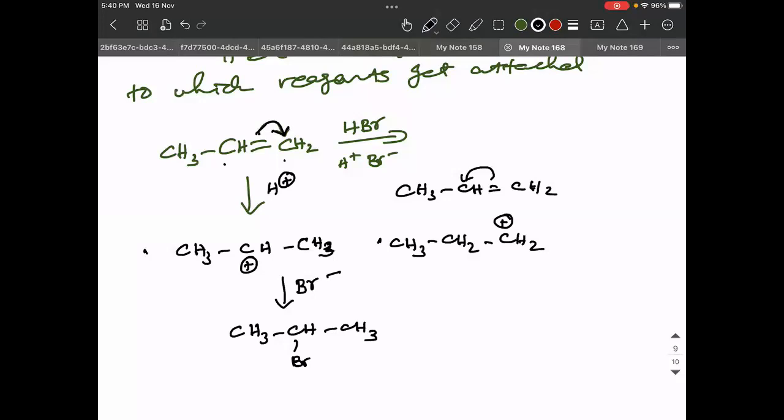Why the second one? Why is it less electron deficient? Here these two methyl groups are donating. Here you have only one methyl group donating. So the stability is higher. Secondary carbocations are more stable than primary carbocations.